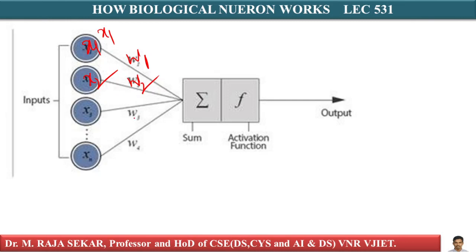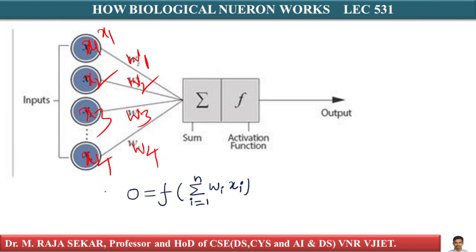So on, W3 is the weight associated with input x3. W4 is the weight associated with input x4, isn't it? What is my output? Function of summation of i equal to 1 to n, wi xi. If you apply the function on this weighted summation, I will get the output.